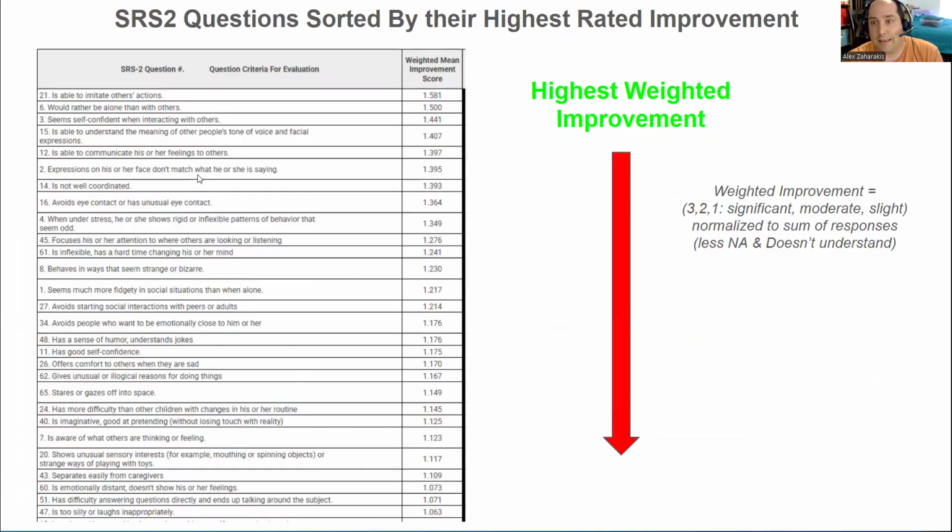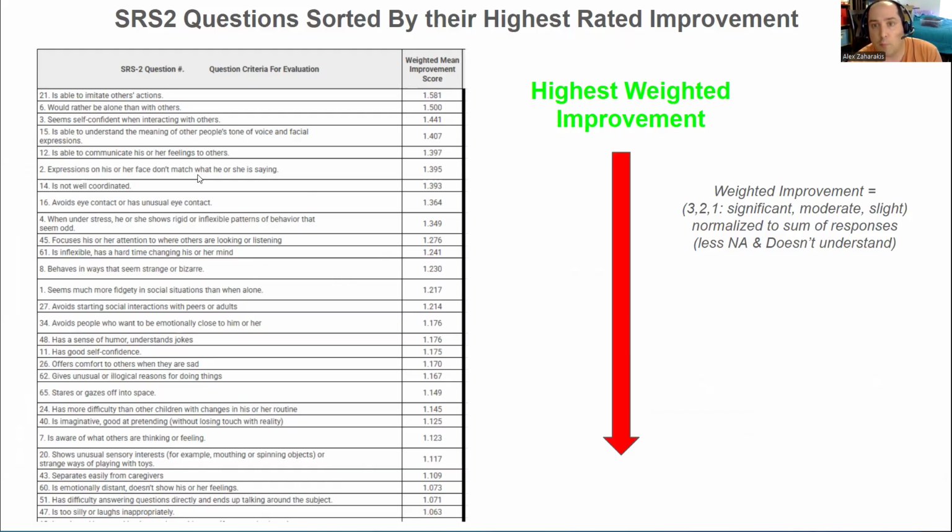These are some of the highest weighted improvement questions. If you imagine that we came up with a metric where significant improvement had a value of 3, moderate improvement had a value of 2, and slight improvement had a value of 1, and we did a weighted average of all of those, these would be the questions that scored the highest weighted improvement.